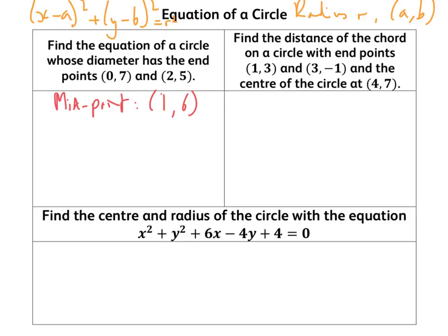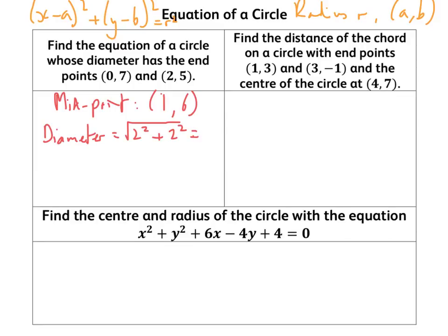Next, we're going to find the length of the diameter. We're going to use Pythagoras here. 0 to 2 is 2 squared, and 7 to 5 is also 2 squared, even though it's minus 2, which it is, from 7 to 5.